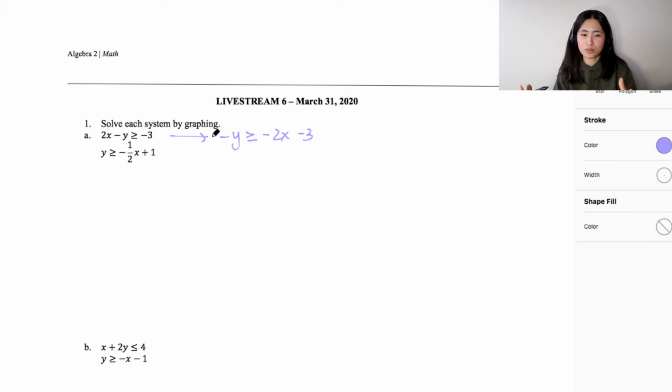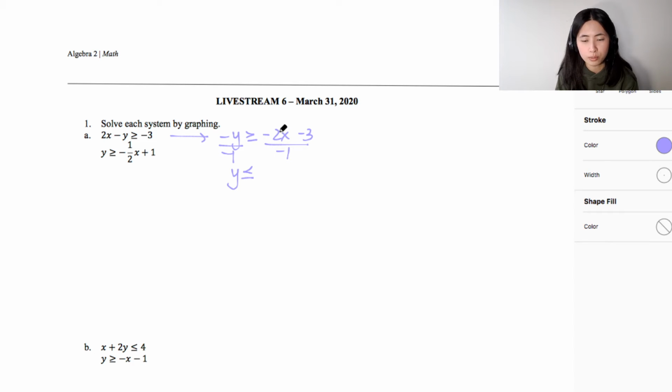So as you recall, if we're dividing both sides of our equation by a negative number, that means you need to flip the direction of your inequality symbol, right? So this is divided by negative 1, right? So you're going to see that this is y, and instead of greater than or equal to, this would now be less than or equal to.